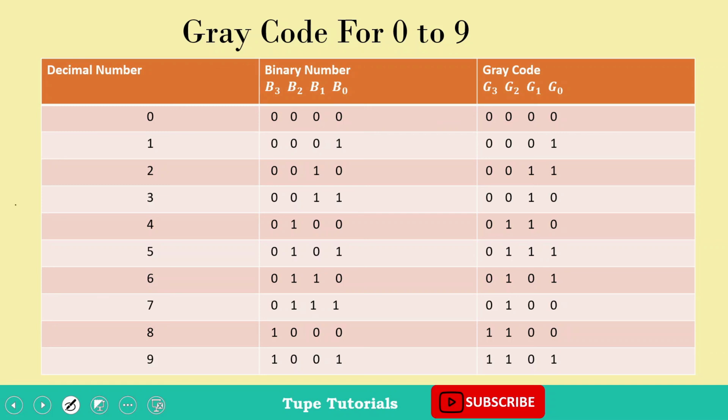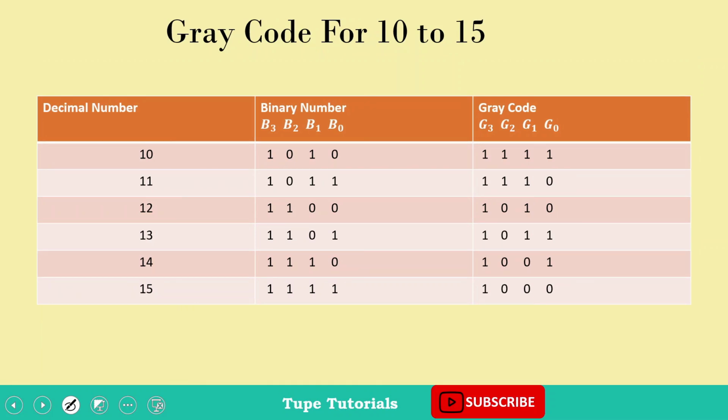Similarly, these are the gray code conversions for all other numbers. So this was for 0 to 9. Then this was the gray code for 10 to 15. You can try it yourself: take a decimal number, write its binary equivalent in 4-bit form, use that formula to convert it into gray code, and check whether you are getting the correct answer or not. So this was the gray code for 0 to 15.